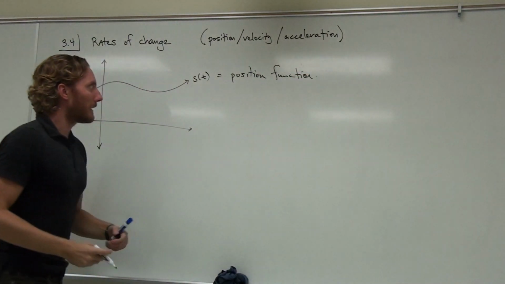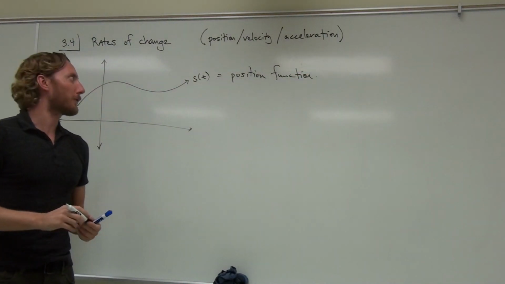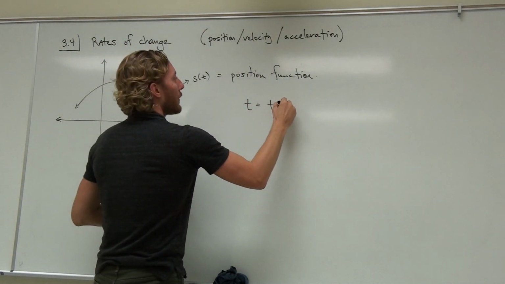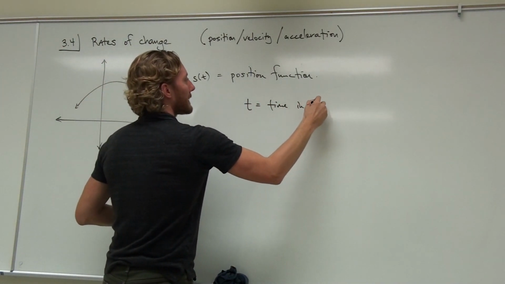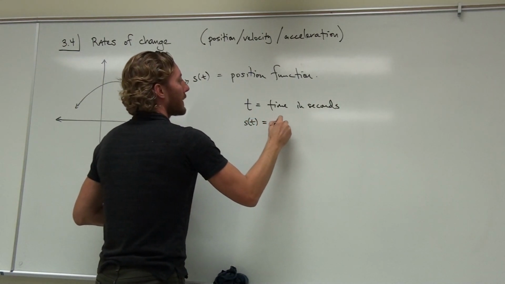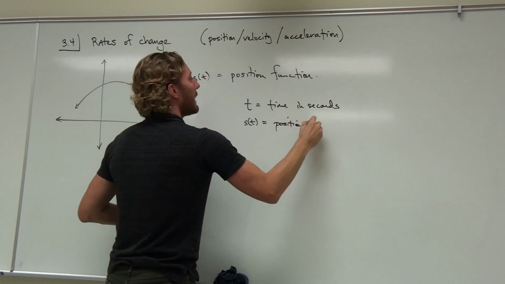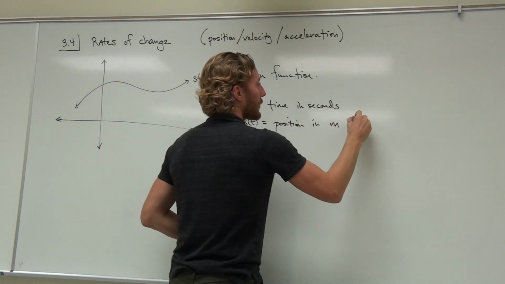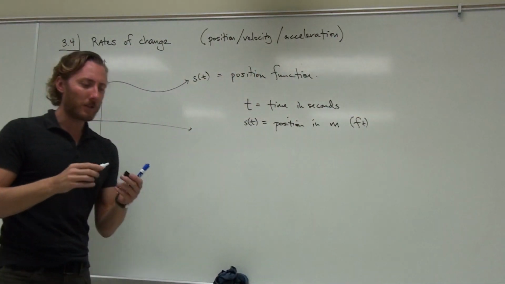And when the book uses s of t to refer to a position function, t is going to refer to time in seconds, and the outputs are going to refer to position in some distance unit, frequently meters, but could also be feet, depending on the situation.